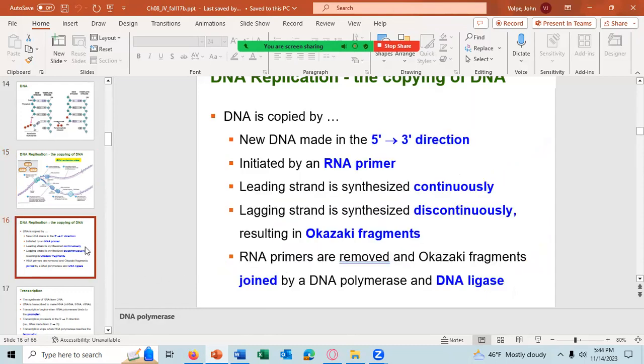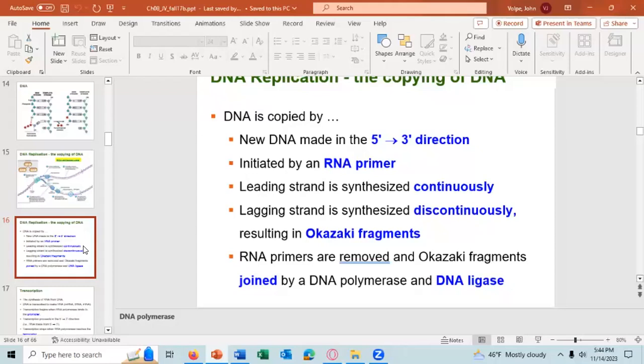All right, so I mentioned DNA is made in the 5' to 3' direction. It's initiated by the RNA primer. The leading strand is synthesized continuously. The lagging strand is synthesized discontinuously in several chunks that we call the Okazaki fragments.